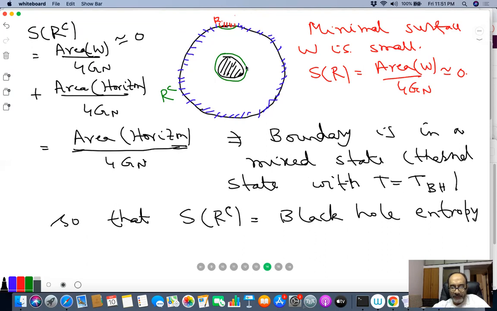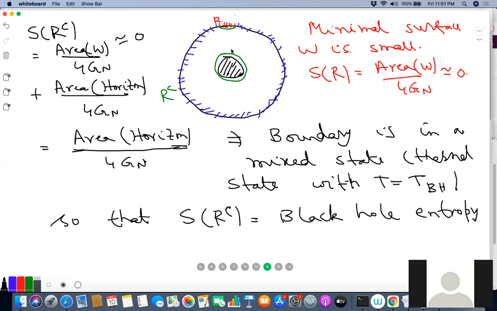In a local quantum field theory, the entanglement entropy of a region is essentially localized on the surface, because the degrees of freedom are entangled across the surface. So that is also proportional to the area of the black hole horizon. It's not proportional to the bulk volume. It's also proportional to the area of the horizon.